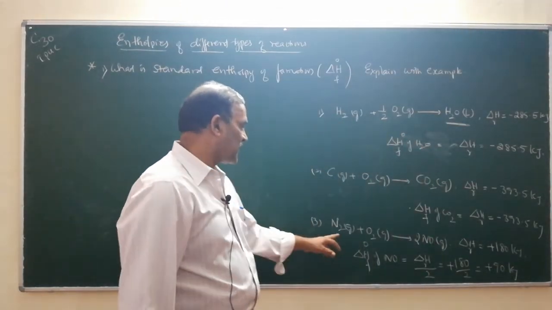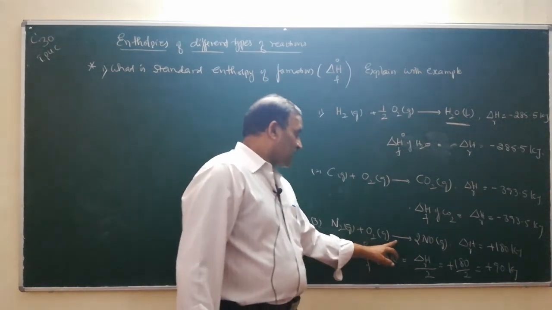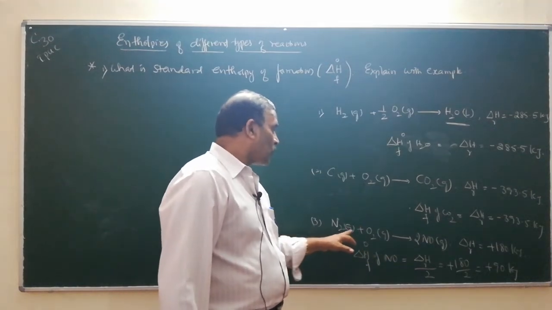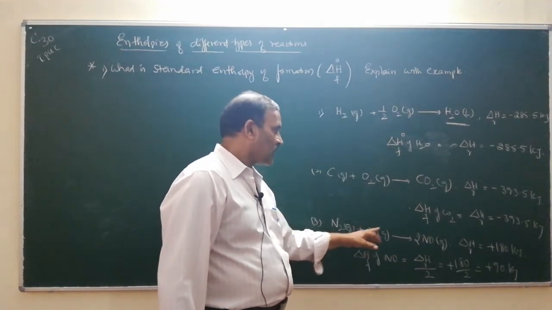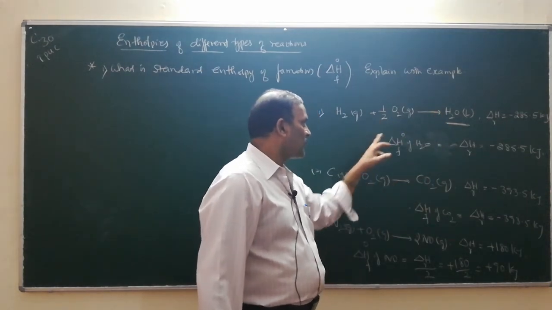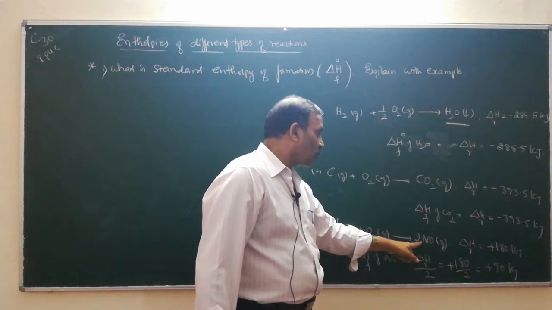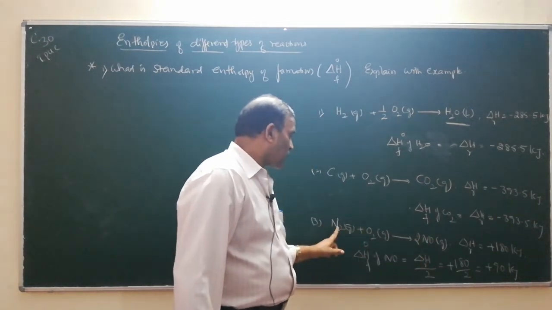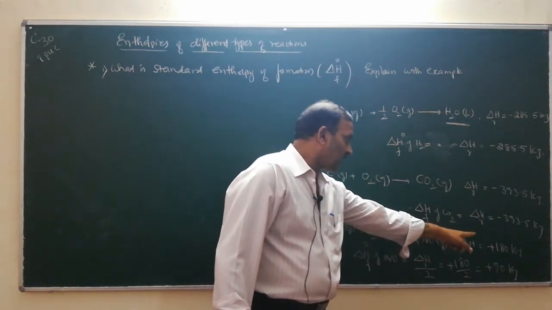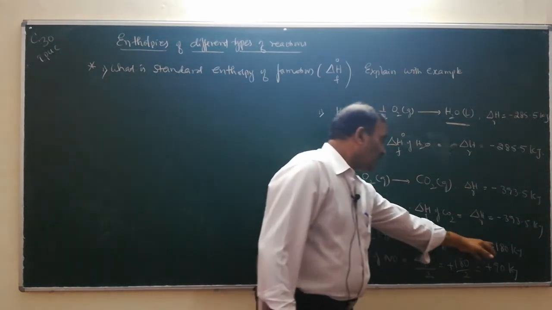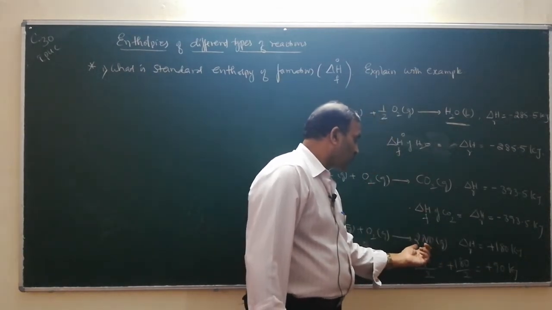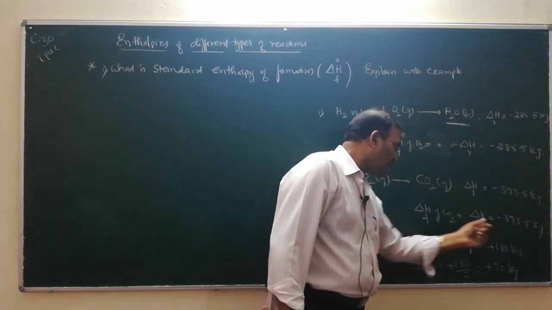In this reaction, 2 moles of nitric oxide are formed from its elements, nitrogen and oxygen. In the earlier examples, 1 mole of compound was formed. The amount of heat absorbed during the formation of 2 moles of nitric oxide is equal to 180 kilojoules.